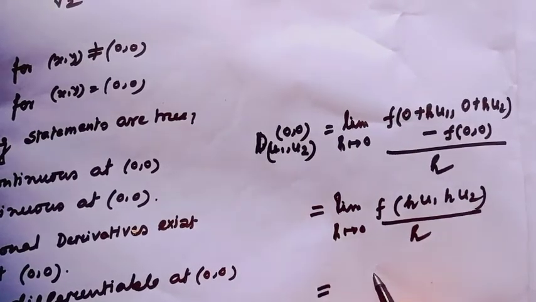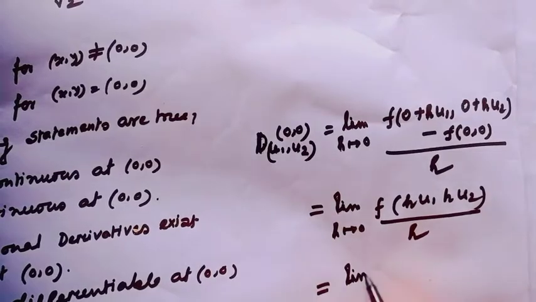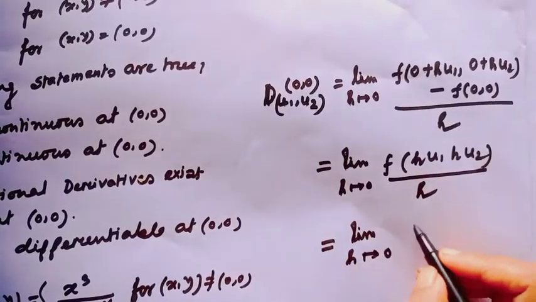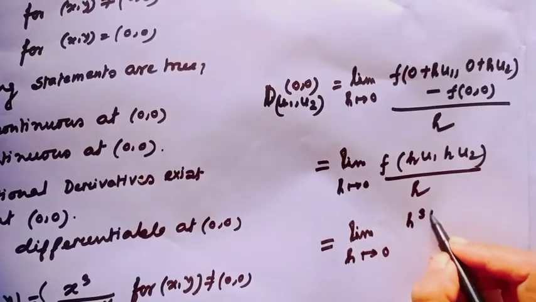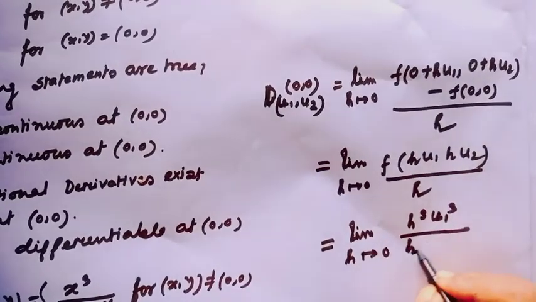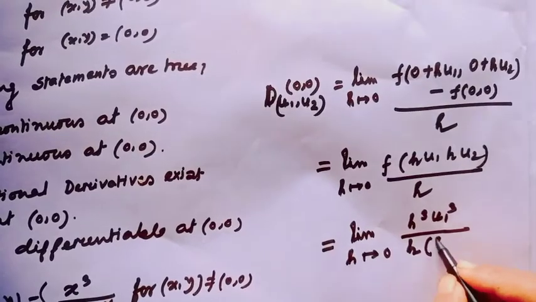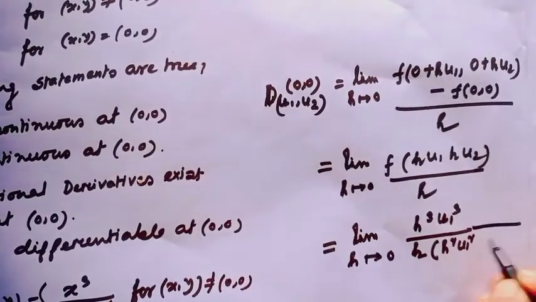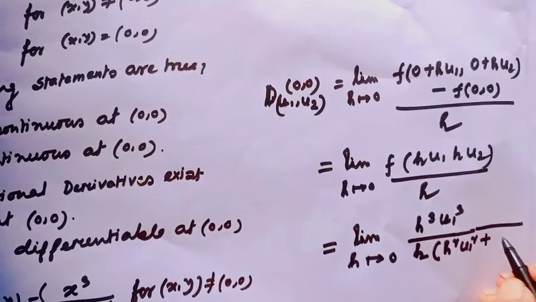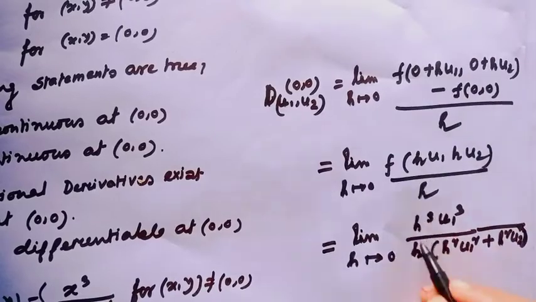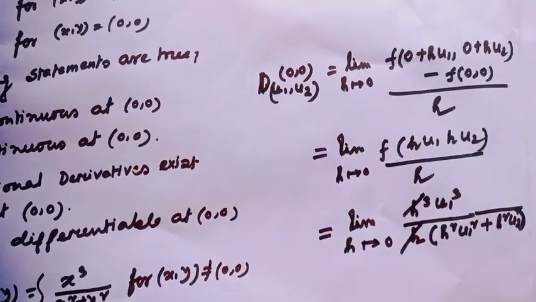Which is equal to the limit h tends to 0 of h cube u1 cube over h times (h square u1 square plus h square u2 square). Just calculate.